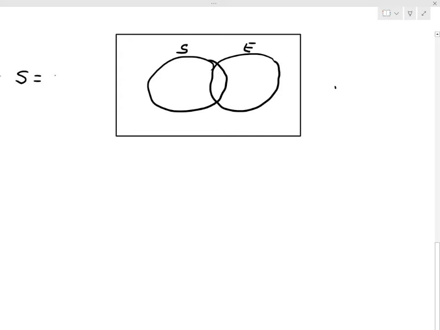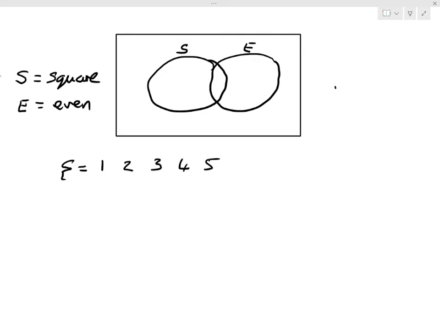S equals a square number, and E equals an even number, right? And our data set is we're going to use all the numbers from 1 through to 12, and we're going to put them in the diagram.